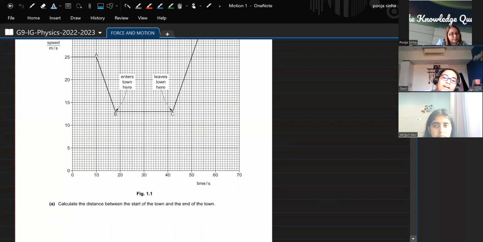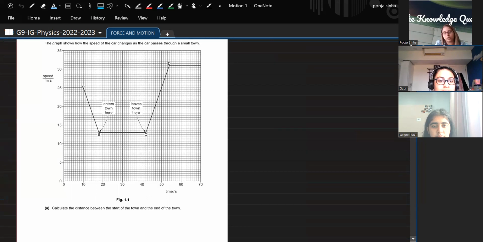So we need to find the distance, but only from the start of the town to the end of the town, not for the entire thing. Right, not the entire thing. तो अब क्या करें इसमें? Speed, सोच के बताओ मुझे. Think about it.